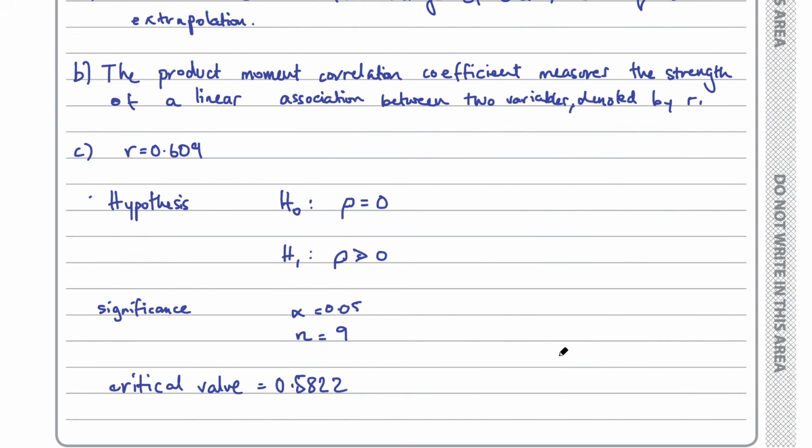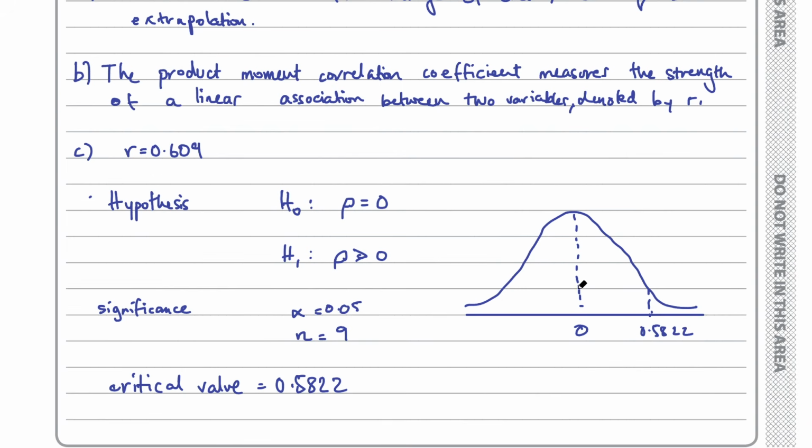And I love diagrams, so I'm just going to give a quick illustration of what we're talking about here. So the hypothesis test, again, that's a terrible normal distribution, but there you go. The hypothesis is that the mean R is 0. And we're testing if it's greater than 0, so we'd expect the values to fall somewhere below a certain range. And the critical value we've found at the 5% significance level is 0.5822.